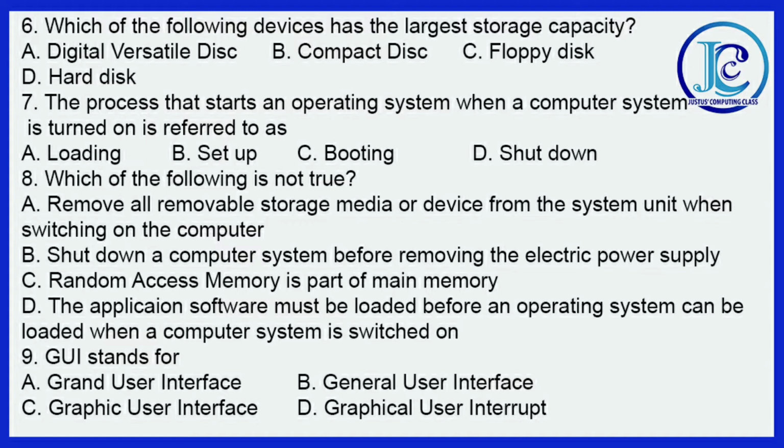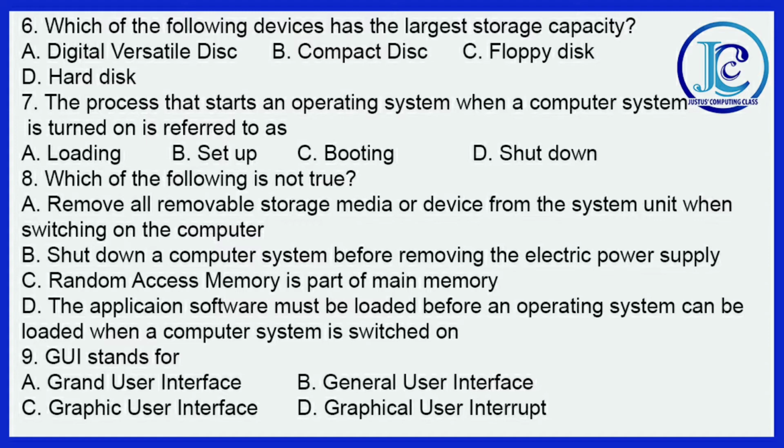A, remove all removable storage media or devices from the system unit when switching on a computer. B, shut down a computer system before removing the electric power supply. C, random access memory is part of the main memory. D, the application software must be loaded before an operating system can be loaded when a computer system is switched on.